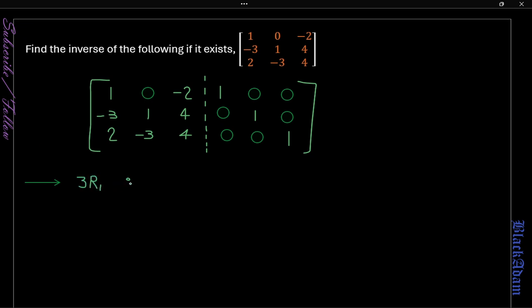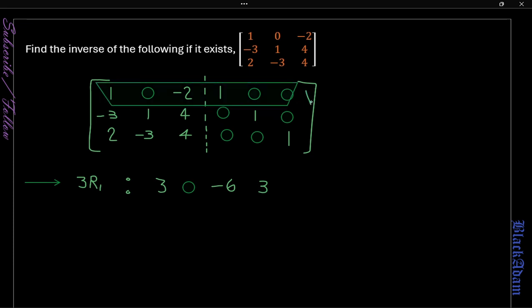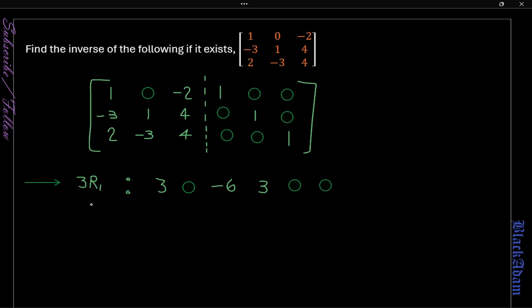So 3 times the first row will give us 3 0 -6, and then multiply that by 3. So that's going to give us 0 in the end. So row 2, that's -3 1 4 0 1 0, and then we add that together.